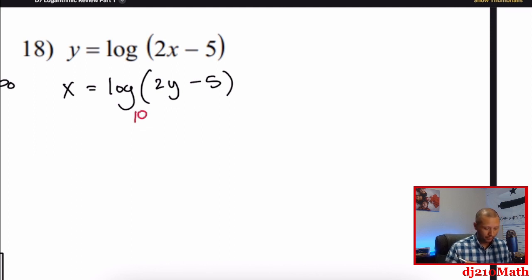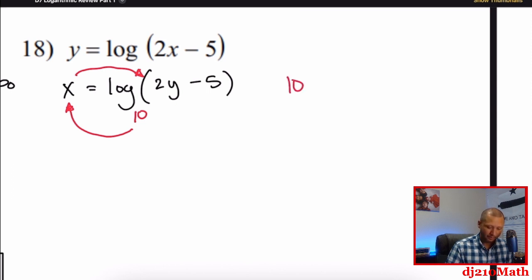So then we can rewrite this as base 10 raised to x equals this. So 10 raised to the x, so some power, equals 2y minus 5.